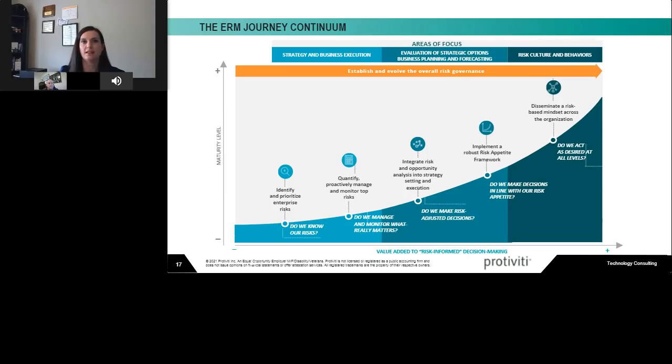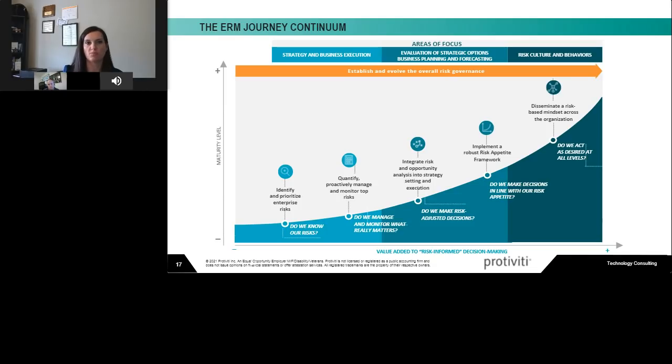And then ERM is a journey. Like I said, it's not a one-size-fits-all, it's a journey. And this kind of portrays ERM on a maturity scale and the value it can add to your organization. I don't think there's any right or wrong answer. It can be anywhere on this continuum. And this is another starting point of discussion with your senior leadership. Where does your organization want to be from an ERM perspective?